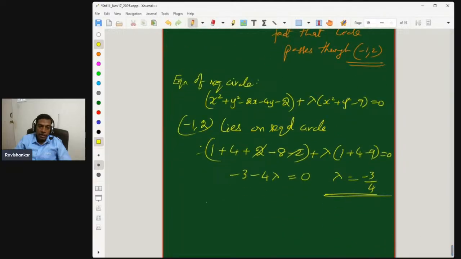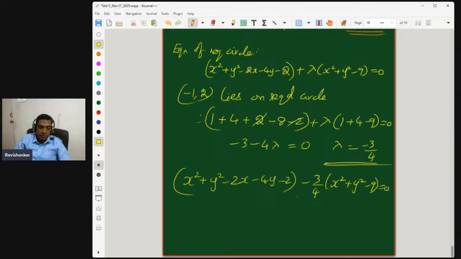And when you substitute minus 3 by 4, you get the required equation: x squared plus y squared minus 2x minus 4y minus 2, minus 3 by 4 into (x squared plus y squared minus 9). So you can write this as 4x squared plus 4y squared minus 8x minus 16y minus 8 minus 3x squared minus 3y squared plus 27 is 0.